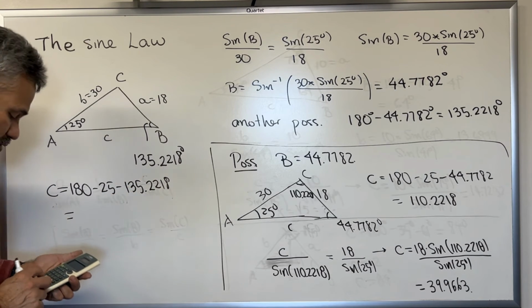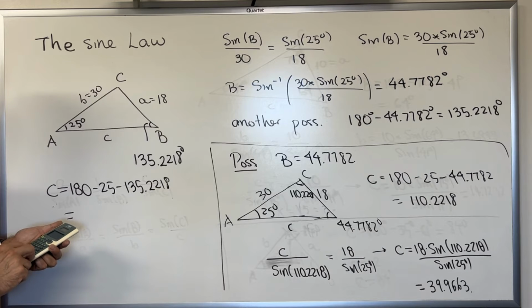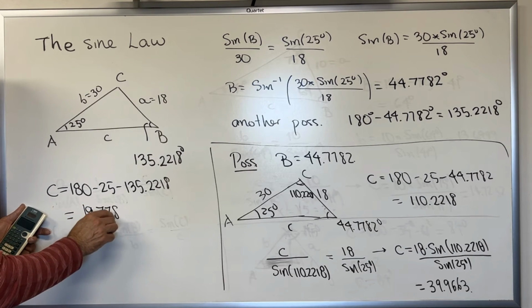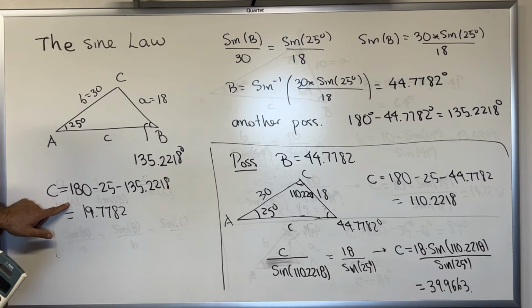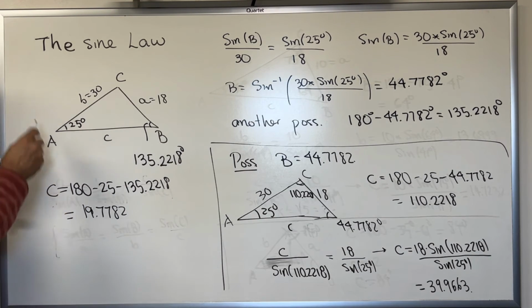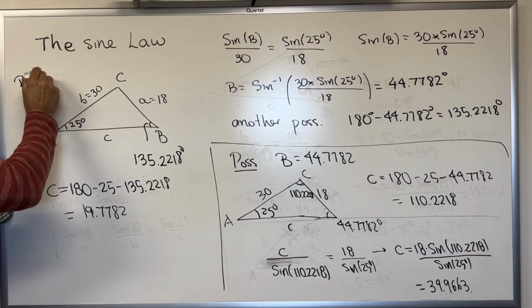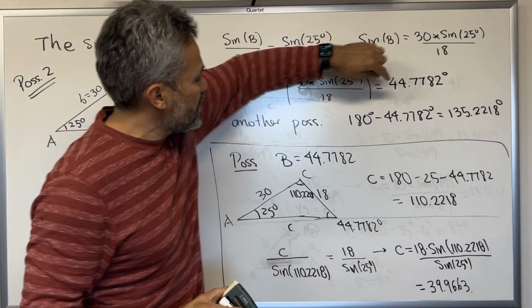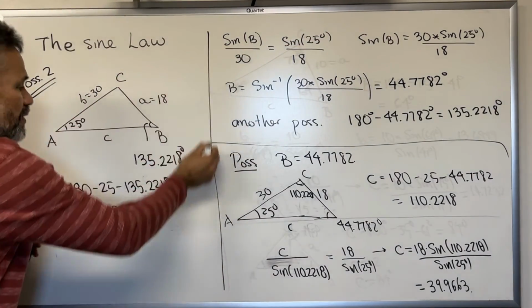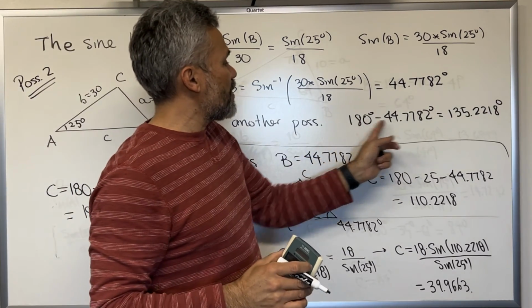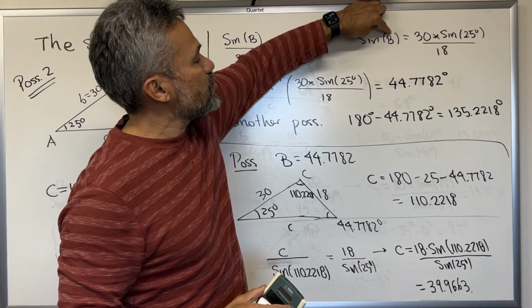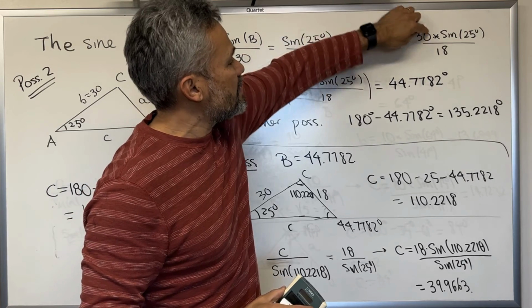It gives us 19.7782. If this number ends up being negative, that means that possibility 2 is not a possibility. We considered possibility 1 when angle B is this, and now we are working possibility 2 when angle B is this. Remember, an equation of this form has two angles between 0 and 360 that satisfy it.